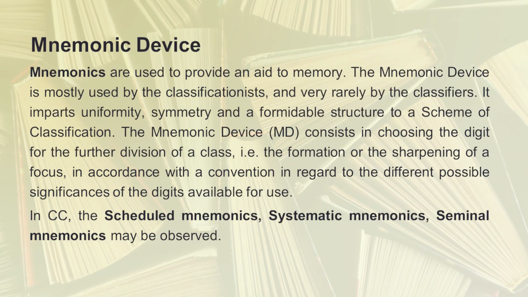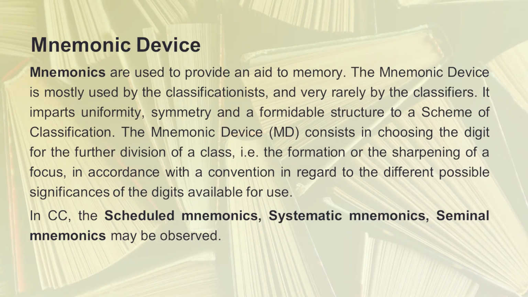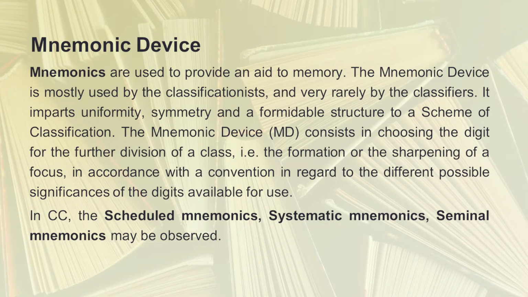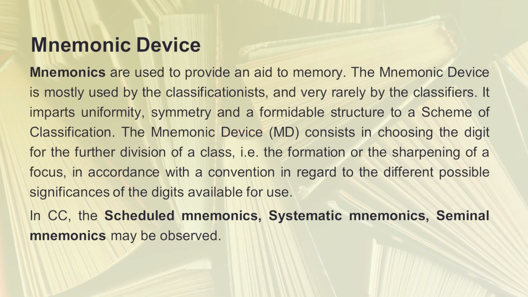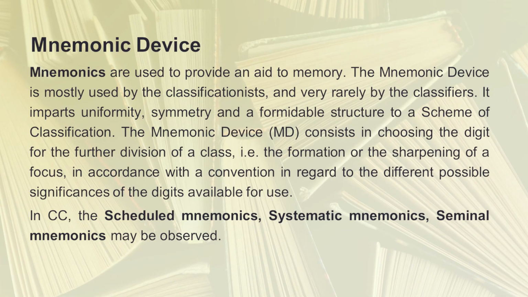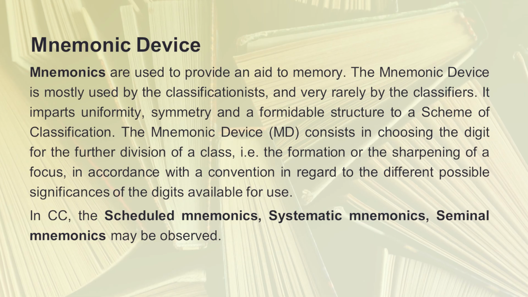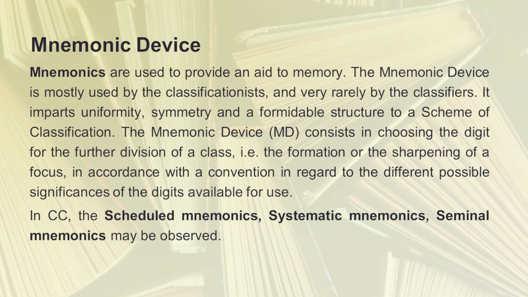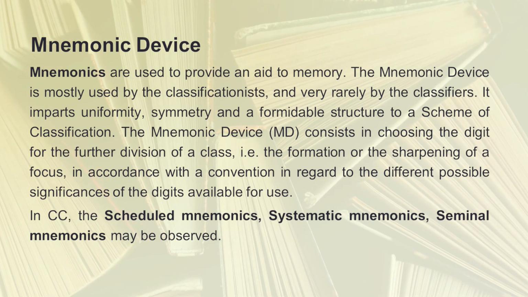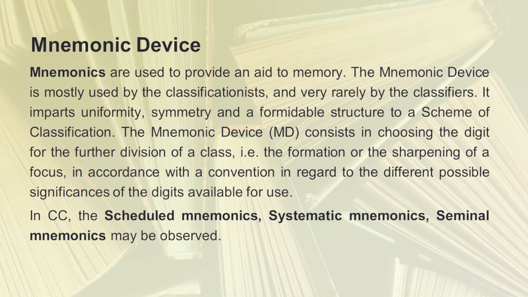Next we move on to mnemonic device. Mnemonics are used to provide an aid to memory. The mnemonic device is mostly used by the classificationists and very rarely by the classifiers. It imparts uniformity, symmetry, and a formidable structure to a scheme of classification.